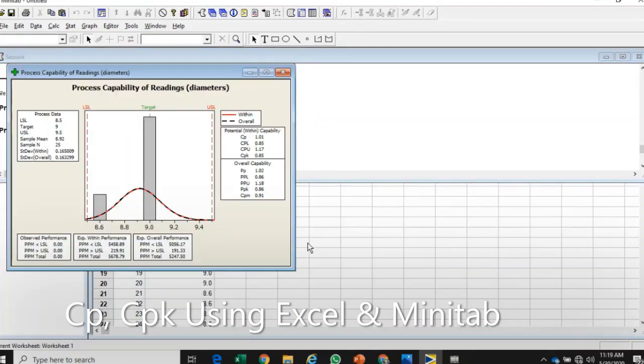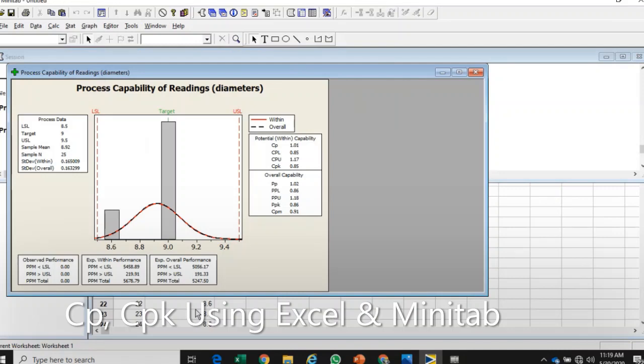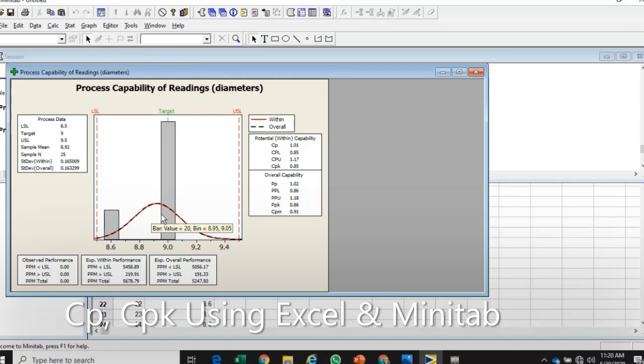So here if you see, again the values are within the target, but some of these values are still going closer to the LSL. That means it's not a good sign. What you have to do is bring your process closer to the target, so that your process centering will be good and CPK will improve.